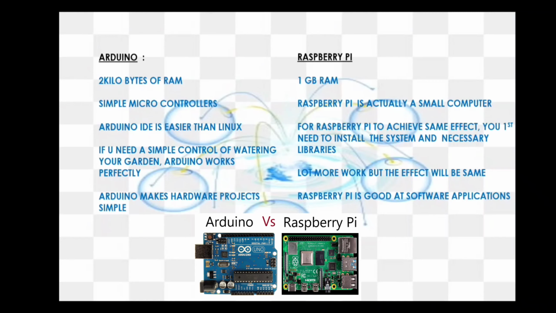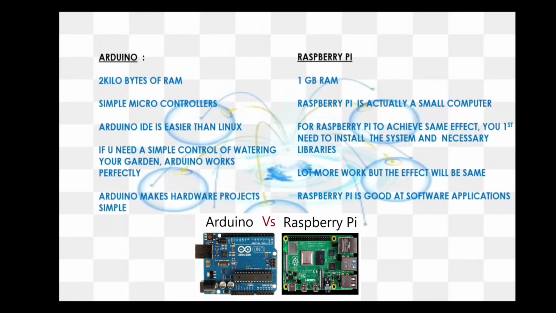Arduino can be used for simple controlling of water in your garden, and Arduino works perfectly since there is no other risky work to be done. But coming to the Raspberry Pi, to achieve the same effect, you first need to install the system and then the necessary libraries. After that, you can work with the Raspberry Pi to do the same work, like controlling the watering in your garden.